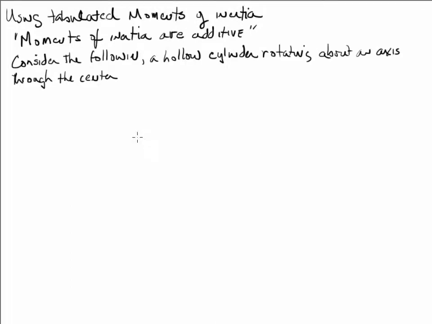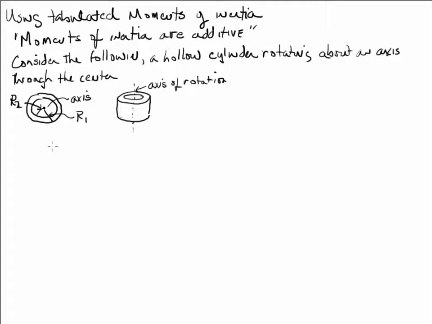Let's consider the following. We have a hollow cylinder rotating about an axis through the center. Now we don't know what the moment of inertia of a hollow cylinder is, but what we do know is what the moment of inertia for a solid cylinder is.